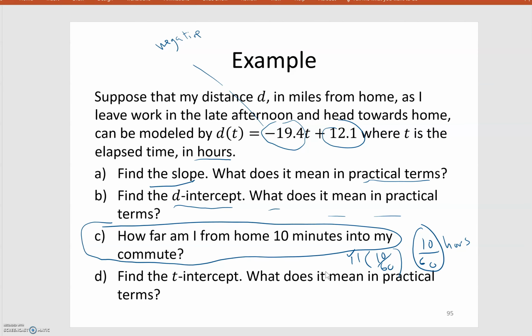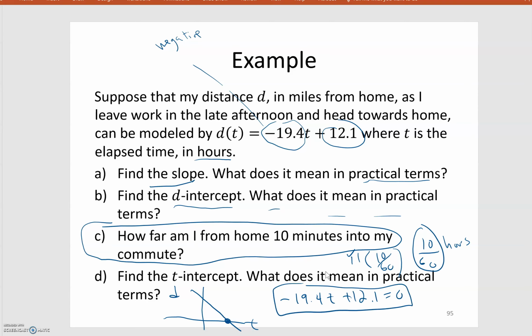Okay, the t-intercept. So we found the d-intercept. What about the t-intercept? If you forget what's what here, this is t and this is d. So we're going to have some function that looks like that, and we're trying to find that value right there when we cross the horizontal axis. So that's when the function equals 0. So mathematically, it's this. So it's the solution to this equation.